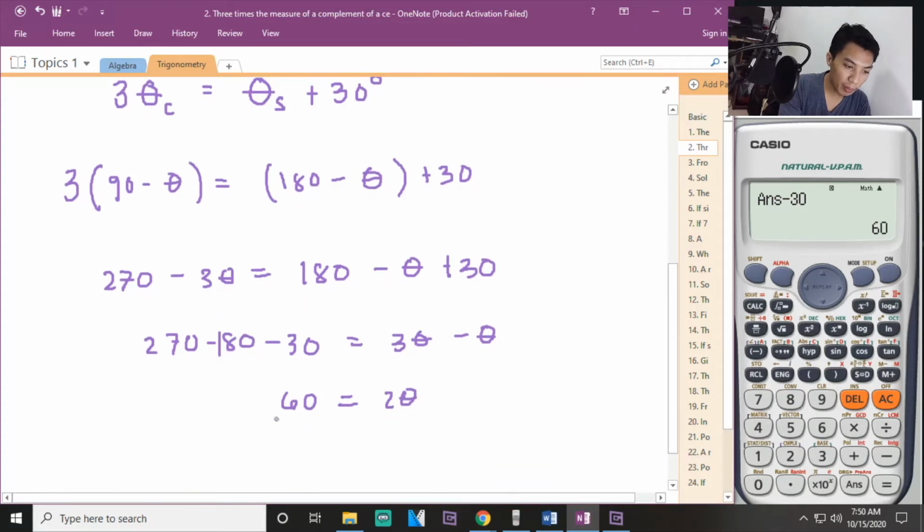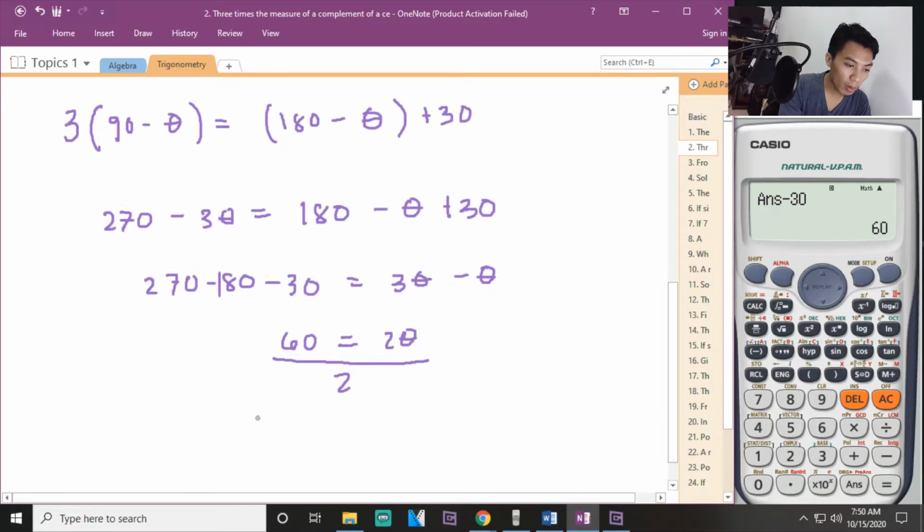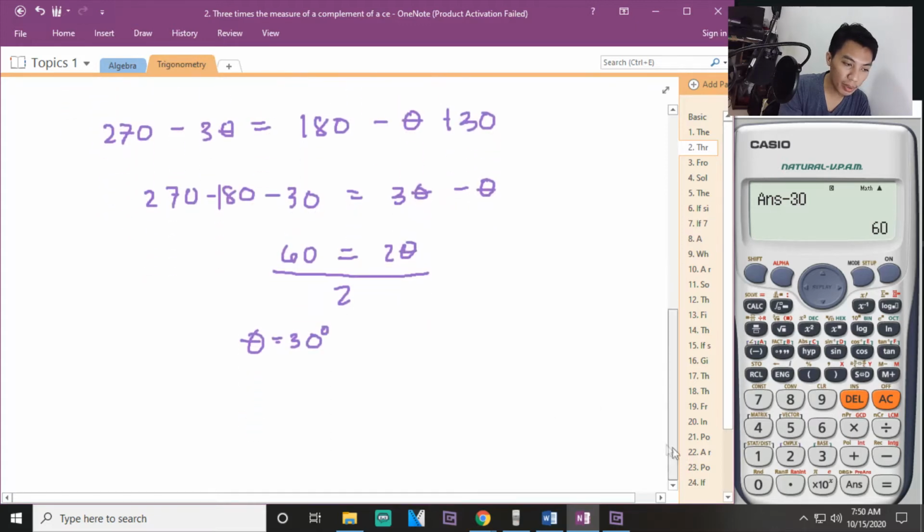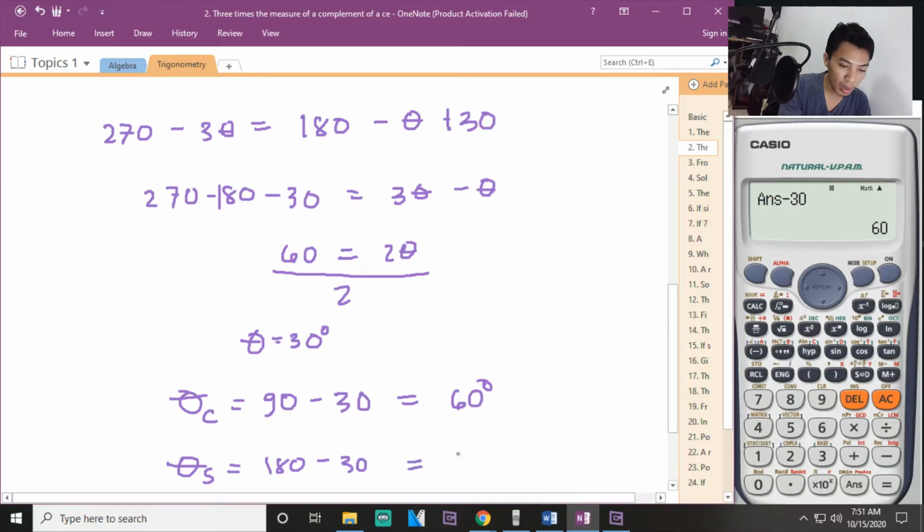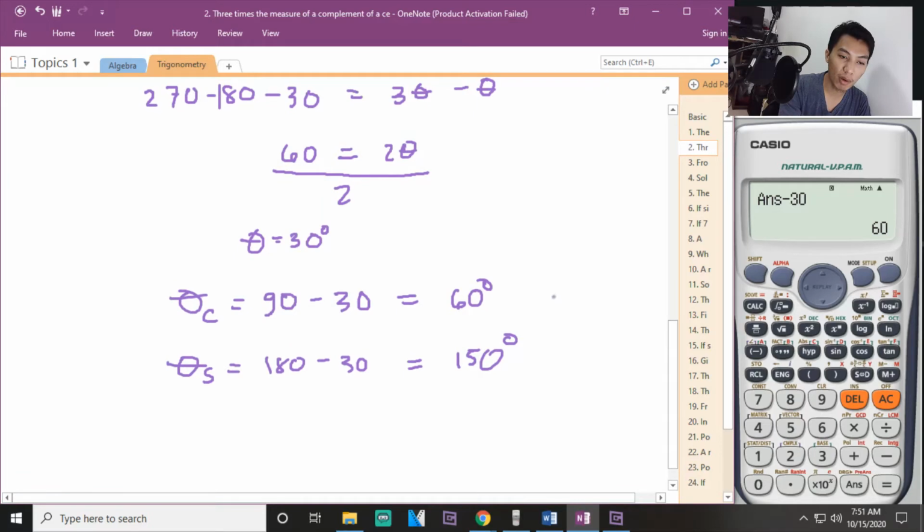Now, you will know by dividing both sides by 2. So, theta is 30. Now, we can find kung ano na yung complement. So, 90 minus 30, that is the complement. The supplement is 180 minus 30. That's how you can solve yung problems of the complement and supplement. That is for problem number 2.